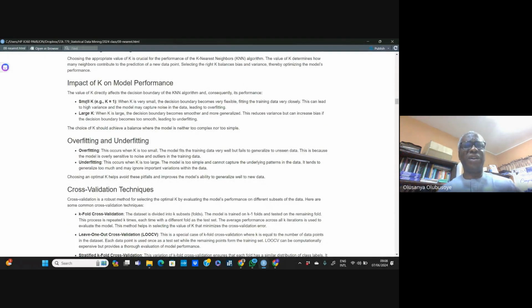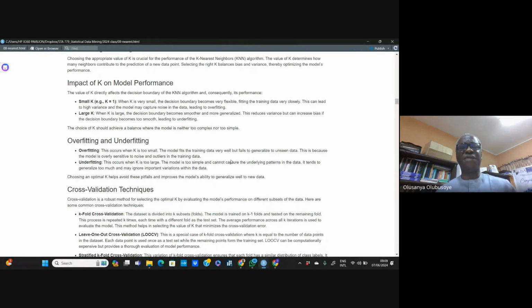If you have small k, I've said it earlier, if the k is very small, then it can lead to overfitting. The variance will be high, but the bias will be small.